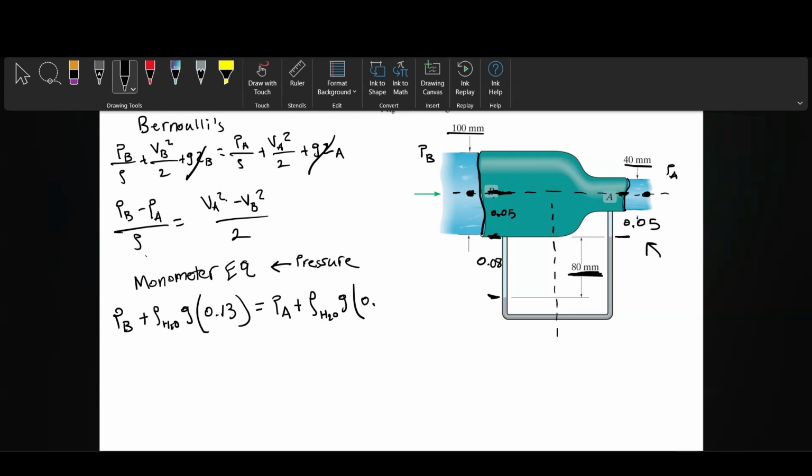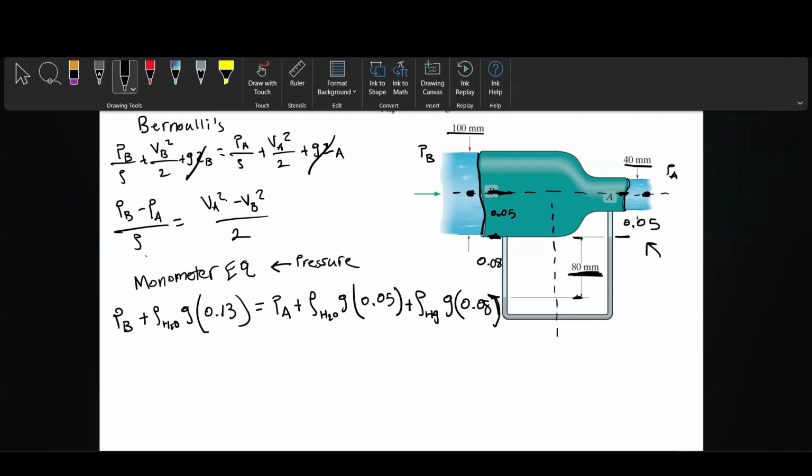And then we also have some height of mercury here, from here to here. That's 80 millimeters. So we're going to say rho of Hg times G times 0.08. That's a little messy, but that says 0.08.